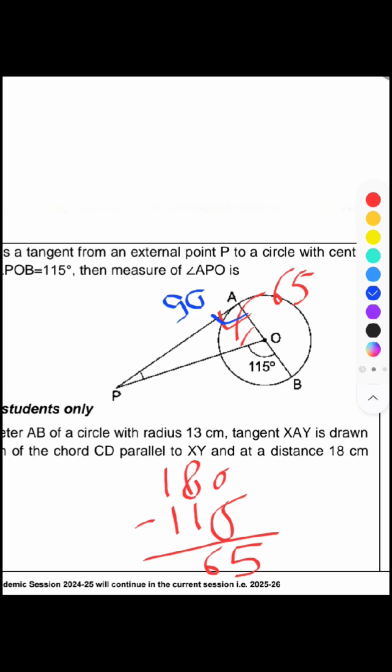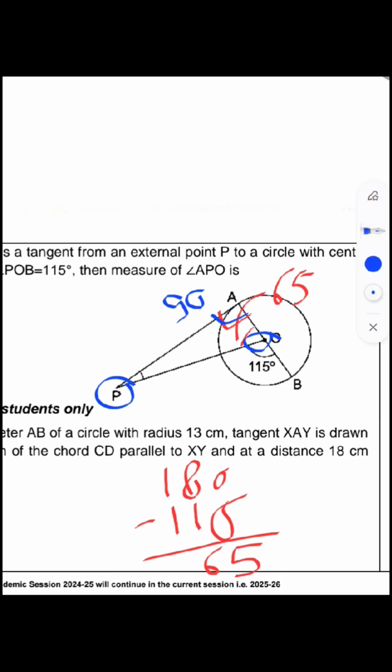You see, sum of angle P and angle AOP, how much must be 90? Because angle A is right angle, APO is a right angle triangle. So how much angle we should add in 65? It must be 90. Yeah, sum of all angles in triangle APO is 180 degree.